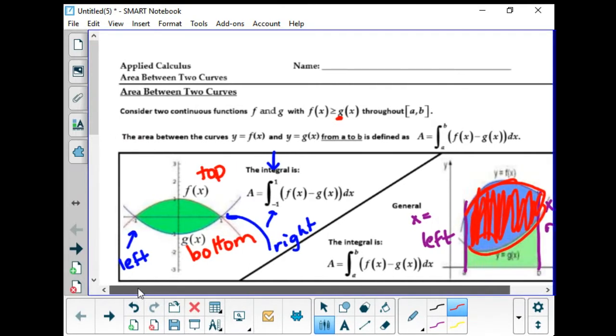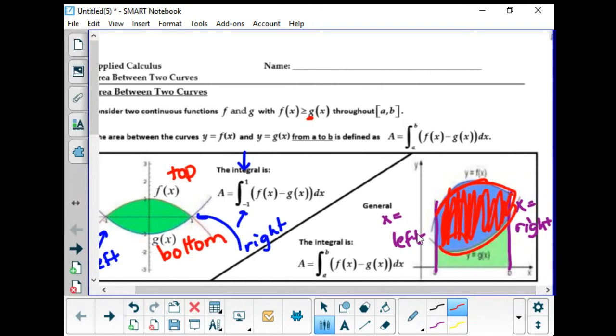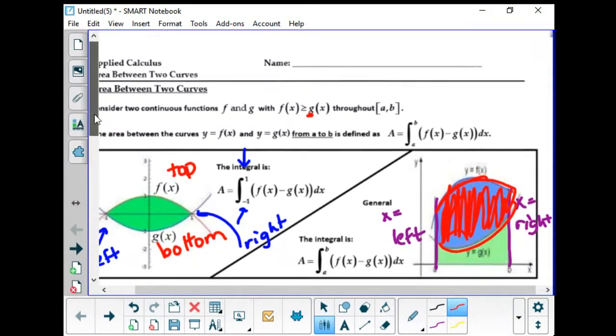So our job today will be to calculate these areas. In some cases, I will show you a picture of the area. In other cases, we will start with the functions and identify the area and then calculate it. So that's the plan.